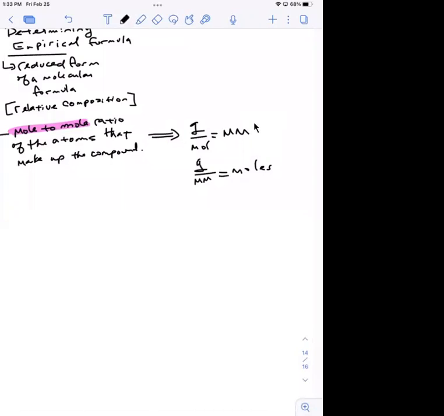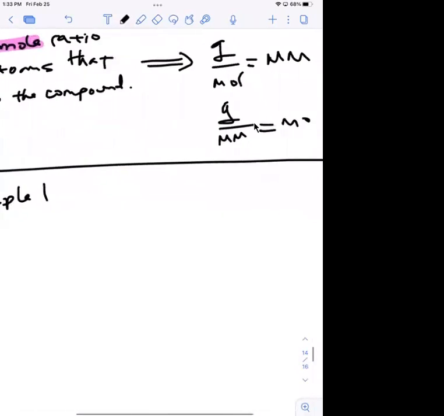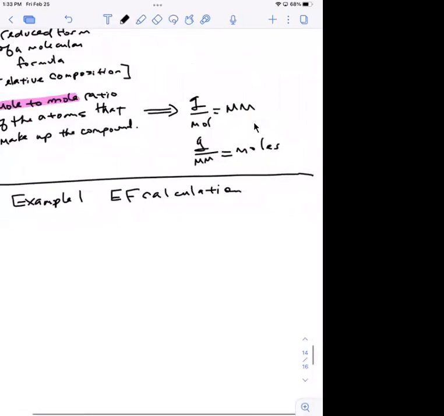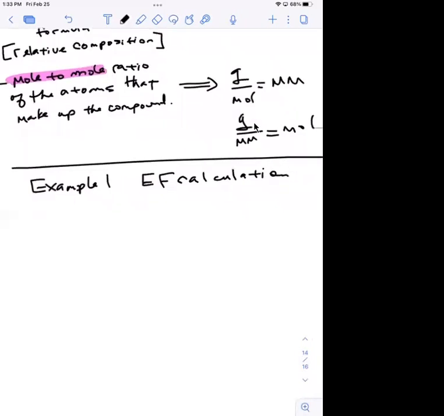So the first example, let's look at that. All right, so let's look at an empirical formula calculation. We have a sample that contains carbon and hydrogen.